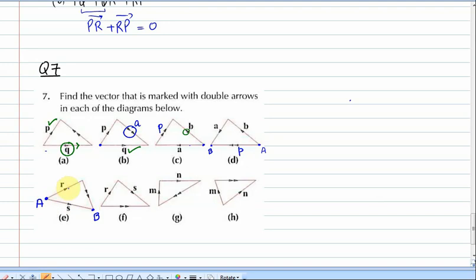First, he will move from A to this point, we say R, and then he moves from this point to this point, and we say that the resultant is P. So ultimately he moved from A to B and the vector is S. We need to find the value of P. So P is S minus R.